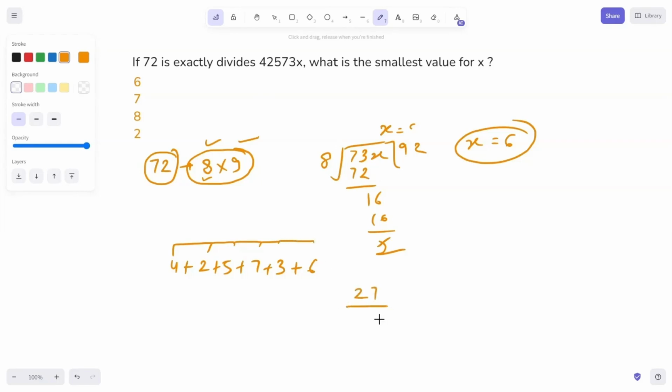And 27 is also divisible by 9. So this number is divisible by 8 and 9 both, which means it is also divisible by 72. So our correct option is 6.